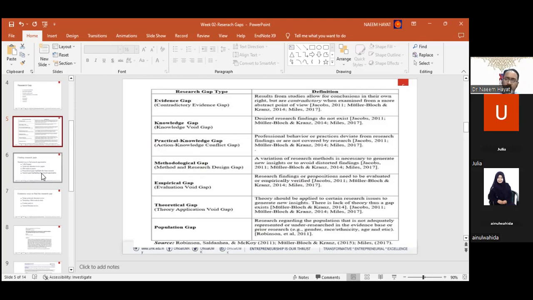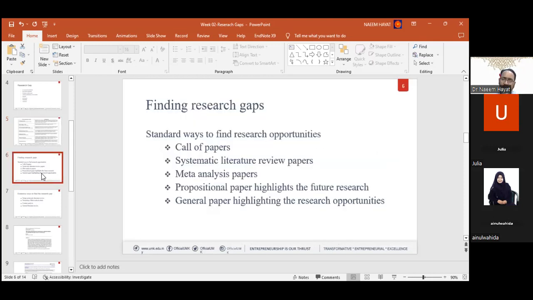Okay, another issue: where to find these research gaps. The standard way of finding research opportunities or research gaps is the call for papers. If we are in the writing business as a scholar, we are always looking for calls for papers.